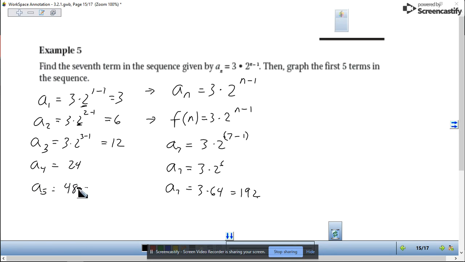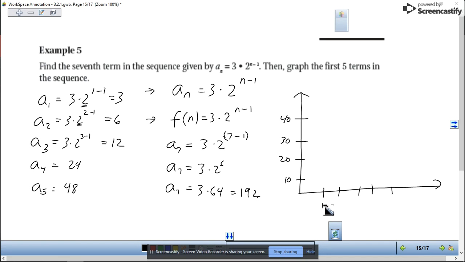Now, to graph that, again, no point going anywhere other than the first quadrant. And I think this time, just to make my life easy, I'll count by tens. And again, I'm just quickly sketching out this graph. You can feel free to spend more time using graph paper on yours.